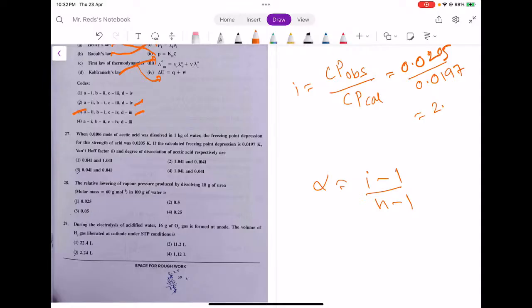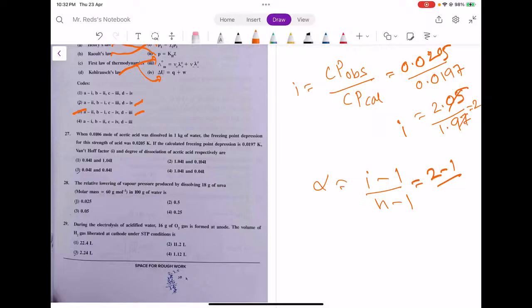Here 2.05 by 1.97, approximately 2. I value is equal to 2, so 2 minus 1 by 2.